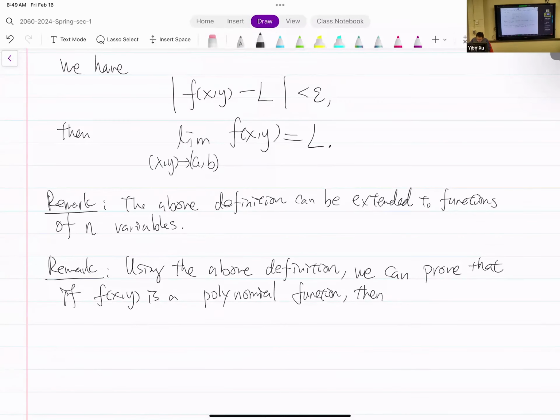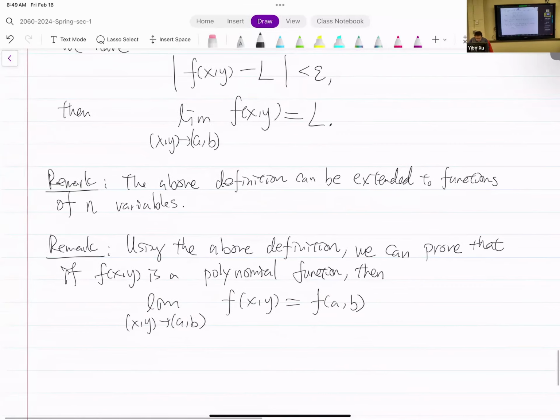A polynomial function is really nice in this sense. If your input xy is approaching some point ab, then the polynomial function is always continuous, and the limit exists to be the functional value at the point ab.